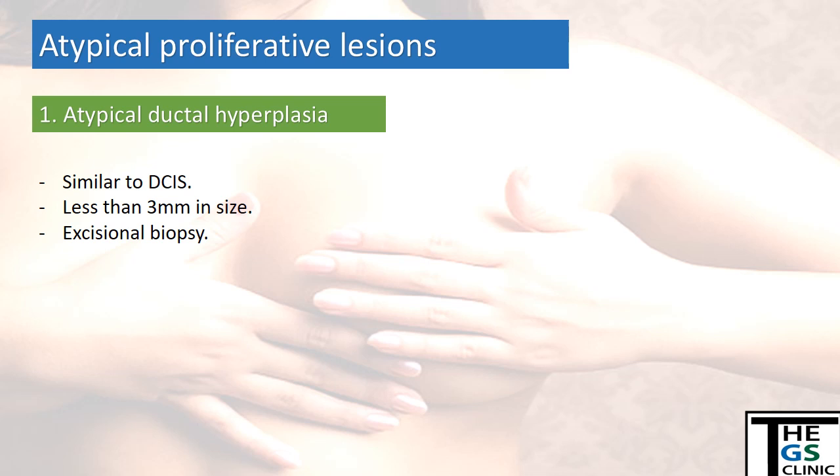So how can we differentiate? The only solution that we have is excisional biopsy. As we said, this is not a malignant condition, but it increases the susceptibility to malignancy, and the patient needs to be considered as a high risk group for breast cancer.